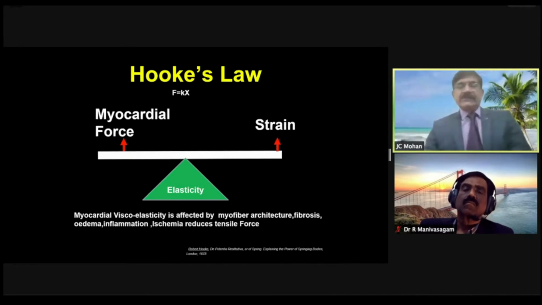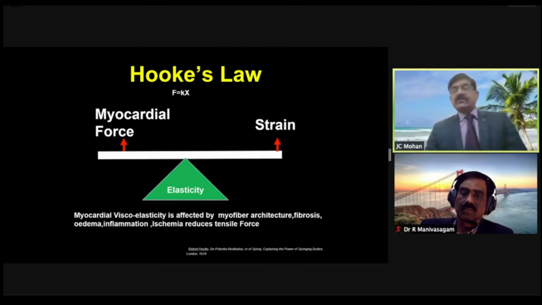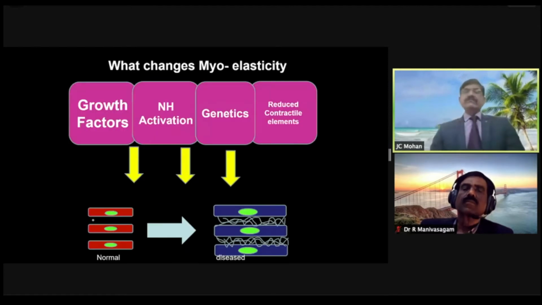And myocardial viscoelasticity is affected by myofiber architecture, fibrosis, edema, inflammation, ischemia, and these all will reduce the elasticity. Hence, for a given applied myocardial force, the strain produced would be less. And that is the whole basis of strain imaging as a technique to detect subclinical disease.